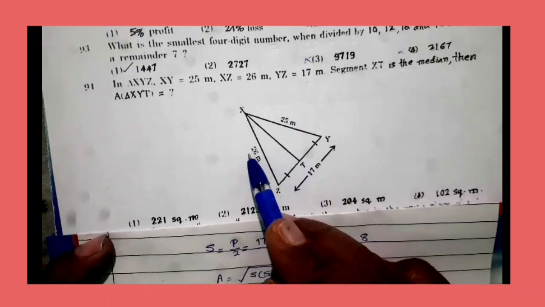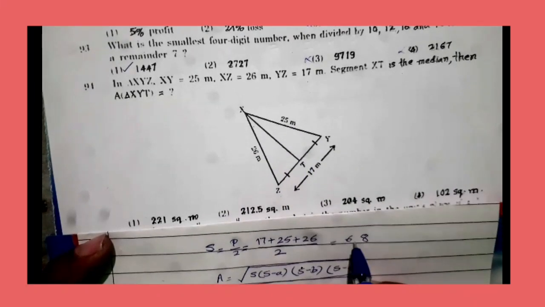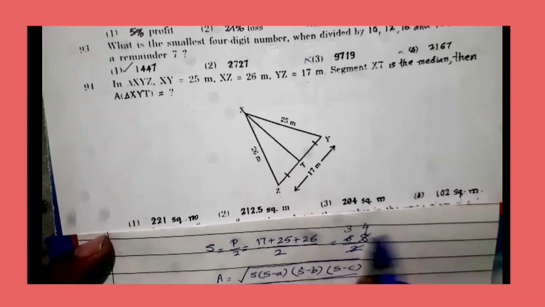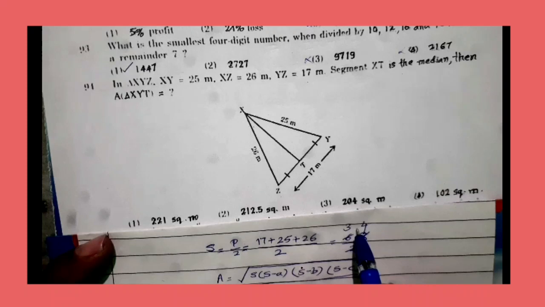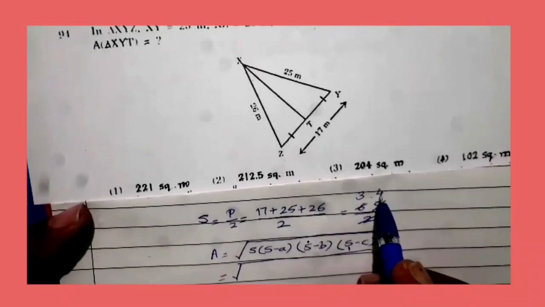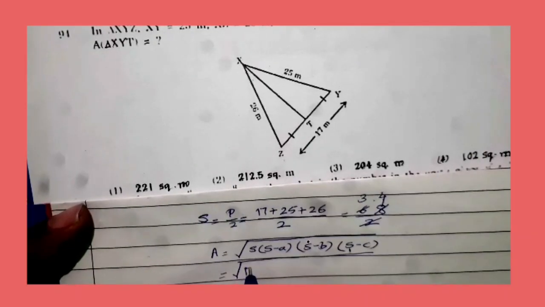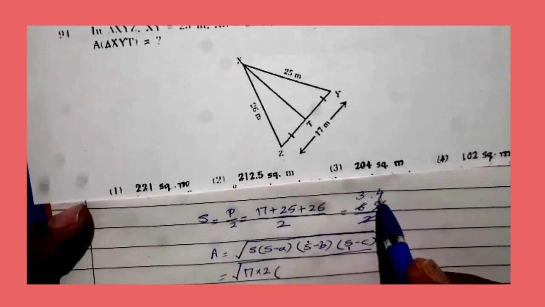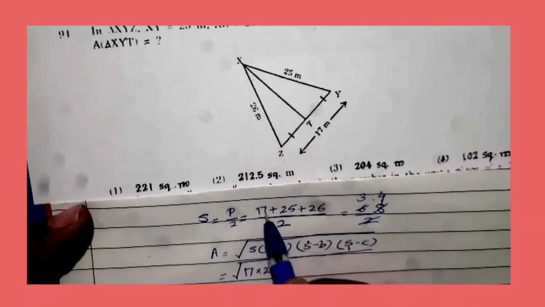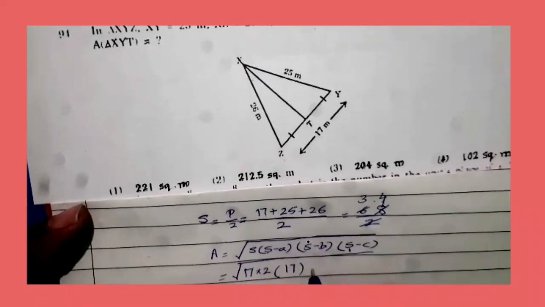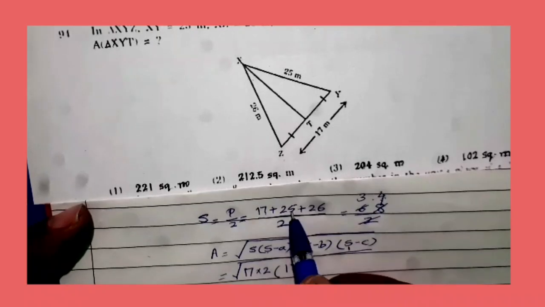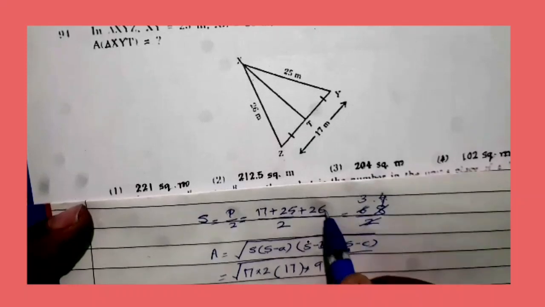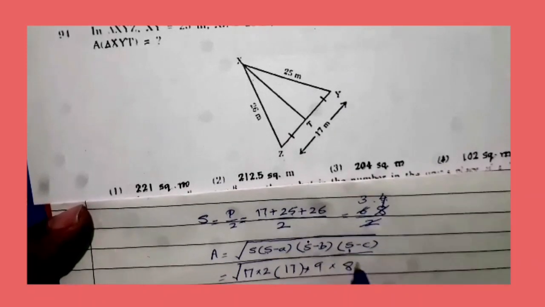Divided by 2, that is 9. Now 9 minus 7 is 2, 9 minus 5 is 4, 9 minus 6 is 3. The values are 9, 2, 4, 3.